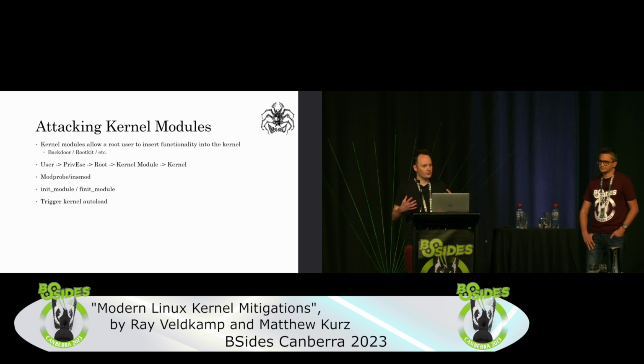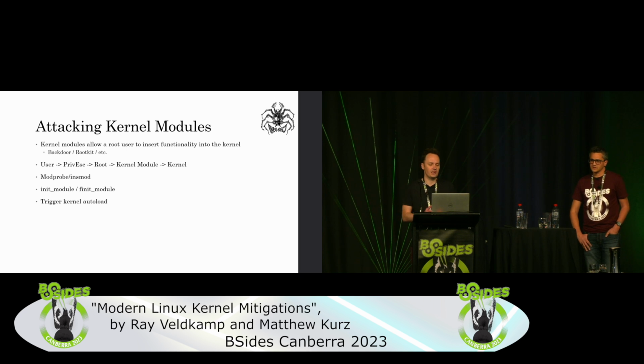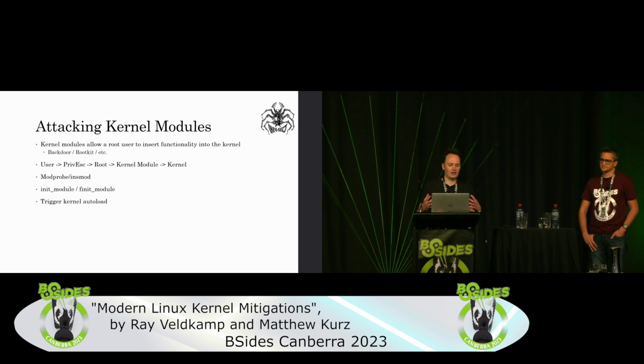So kernel modules provide an attractive mechanism for an attacker because they allow a root user to dynamically insert functionality into a running kernel. So as part of, say, a post-exploitation chain, they provide an attacker quite a lot of functionality to be able to bootstrap things like a backdoor or a rootkit.